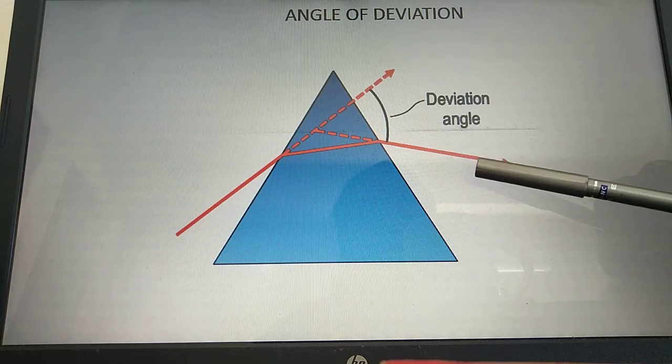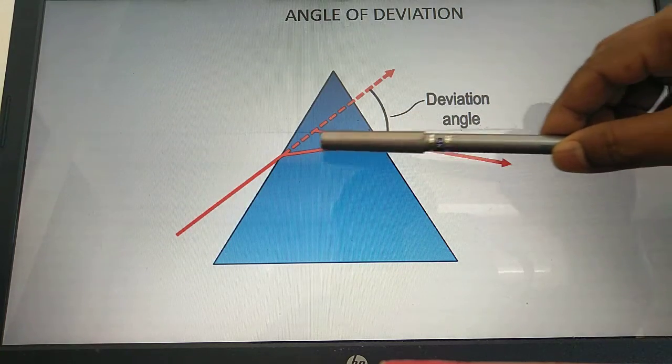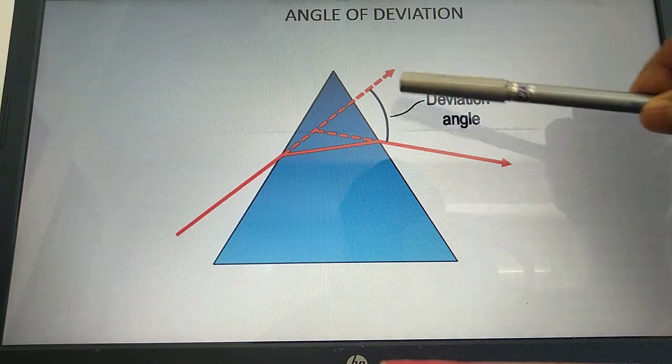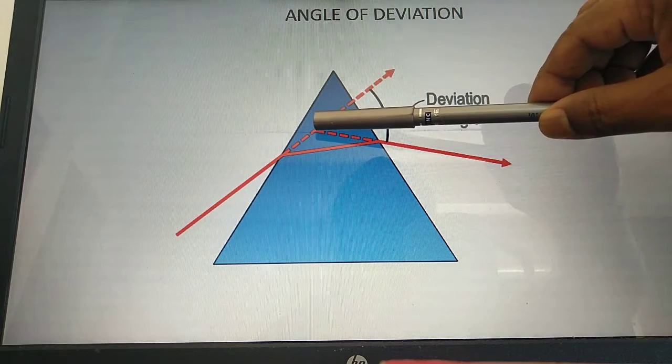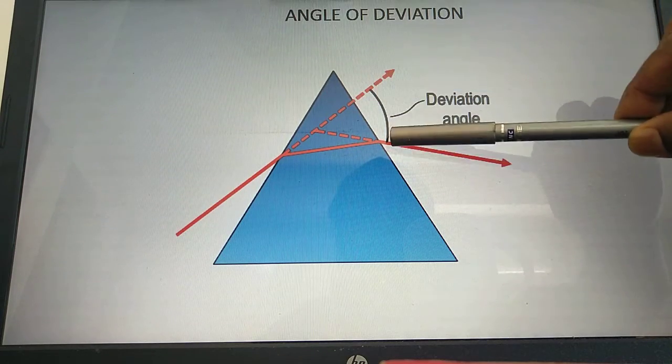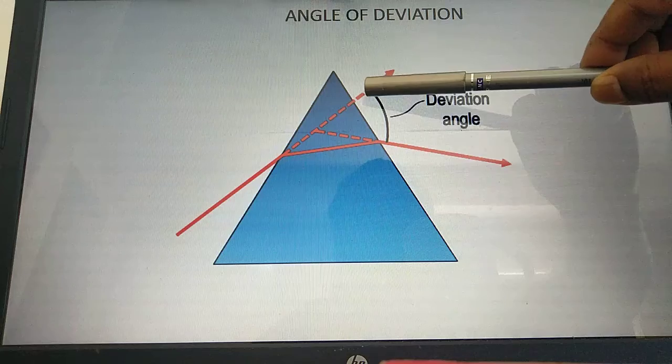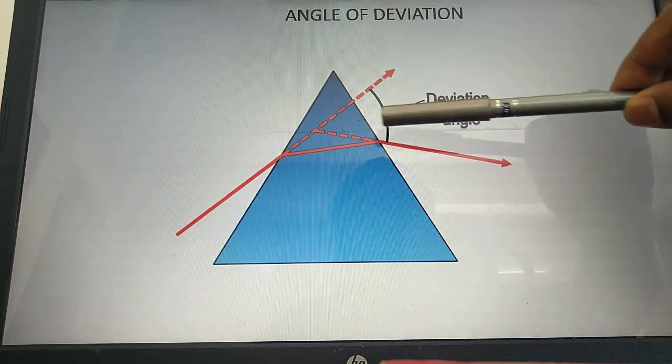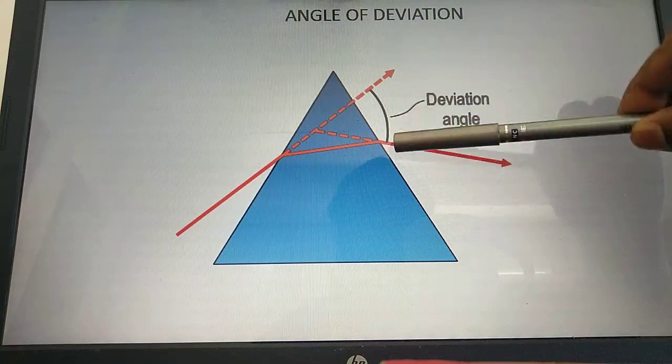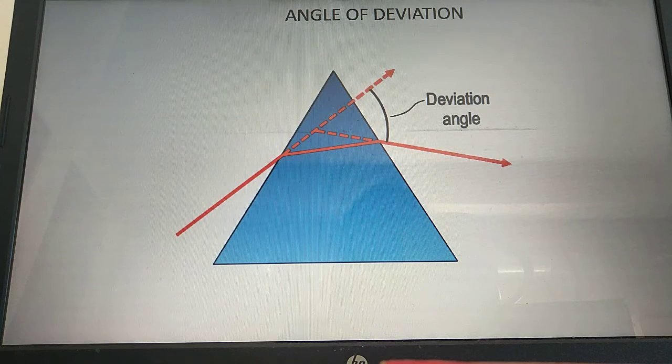If we produce the incident ray forward and the emergent ray backward, we can see the angle between them. This angle is known as the angle of deviation. That means the angle between the incident ray and the emergent ray is known as the angle of deviation.